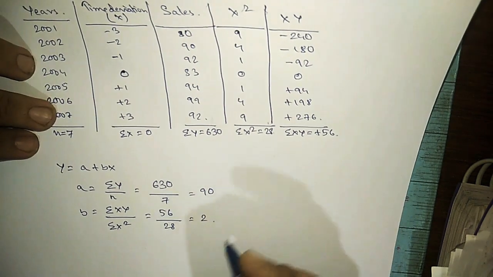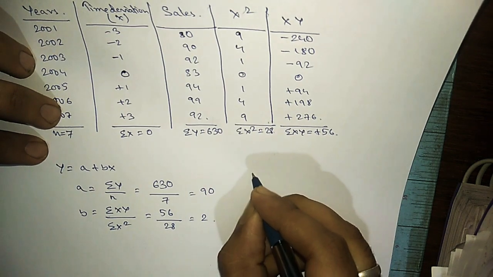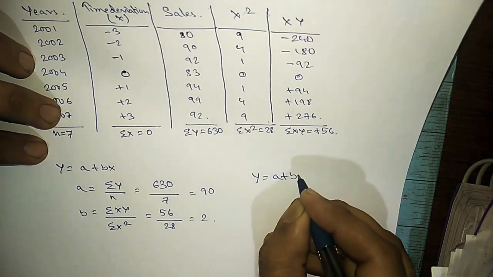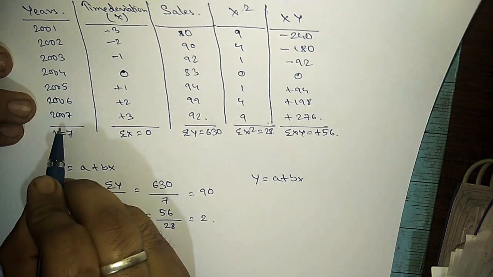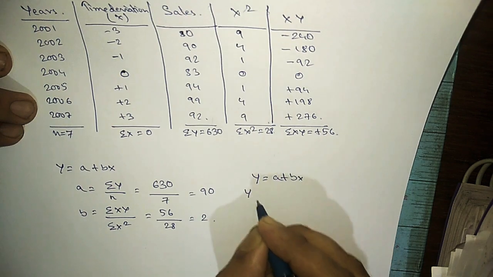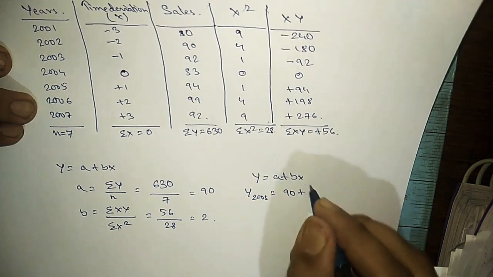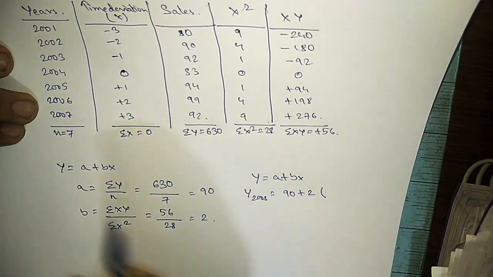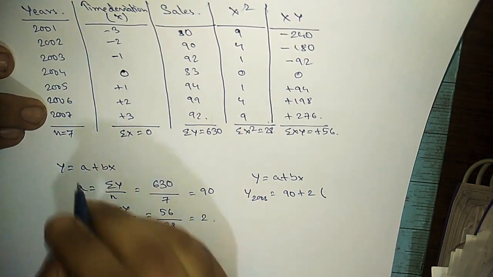So you have to put the values in this formula, which is y equals a plus bx. So next 3 years means 2008, 9, 10. So y 2008 equals a equals 90 plus b equals 2 and x equals plus 4. 2007 was plus 3, next will be plus 4.